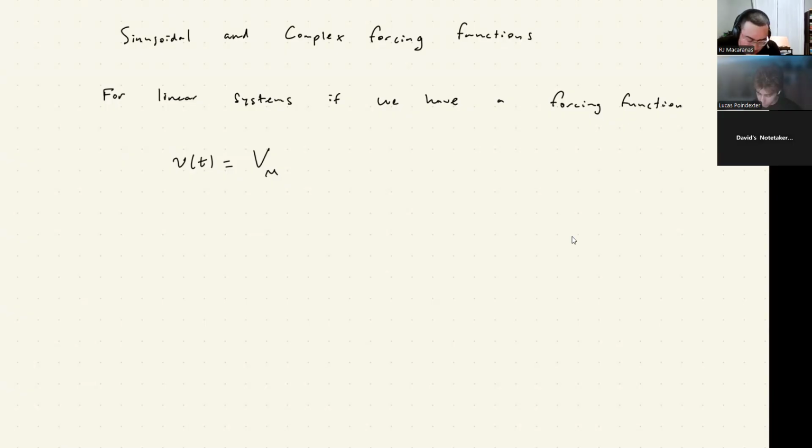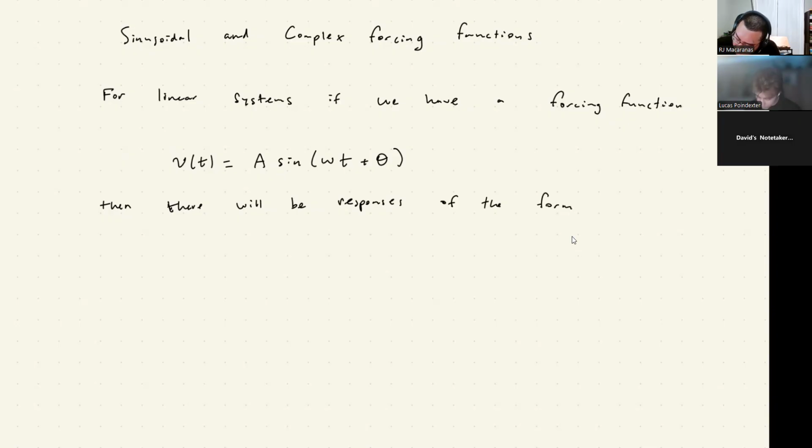They've defined it as A sine omega t plus theta. Then there will be responses of the form i of t is given by B sine omega t plus phi.